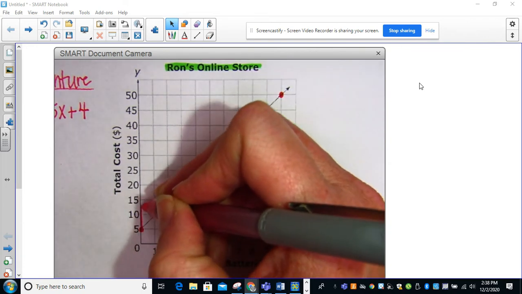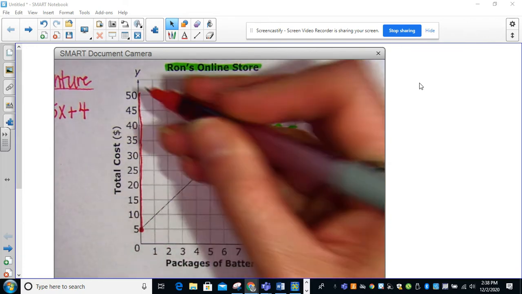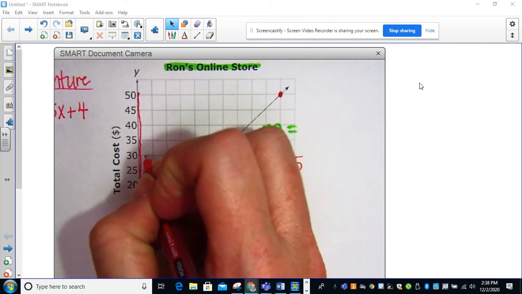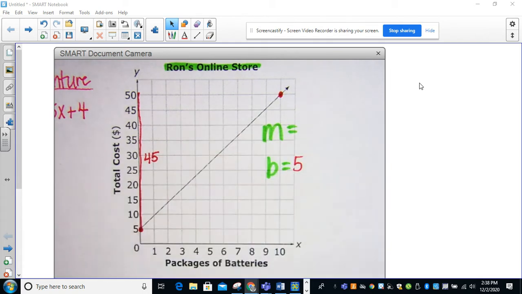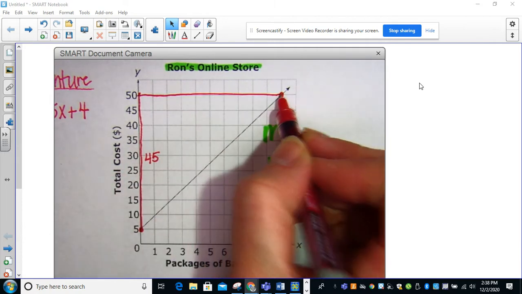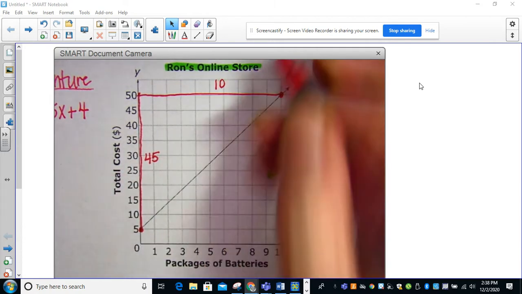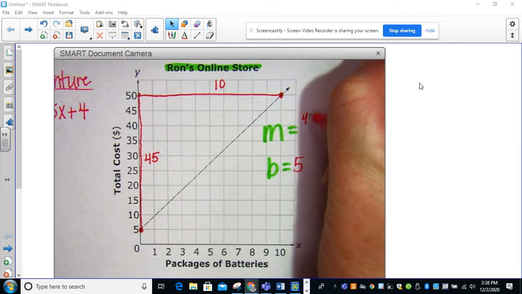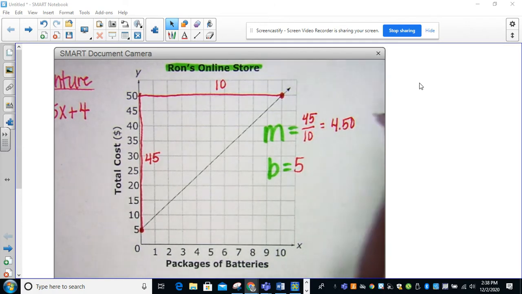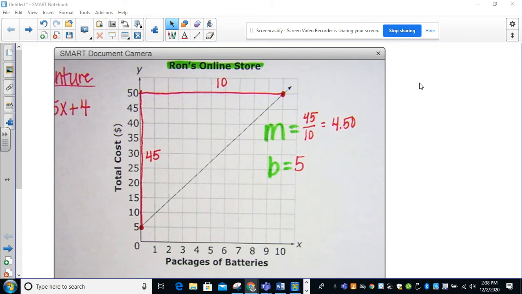So if I rise, I'm going from 5 to 50. So I'm going up or rising 45. And then I'm going to run from 0 all the way to this point, which is 10. So my slope is 45 over 10, which is the same thing as, if I'm talking money, obviously I'm talking about money, so it's 4.50.